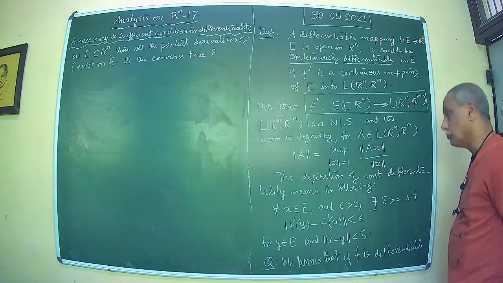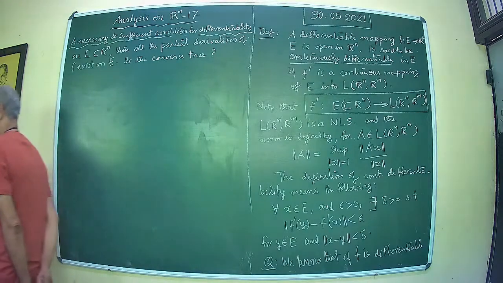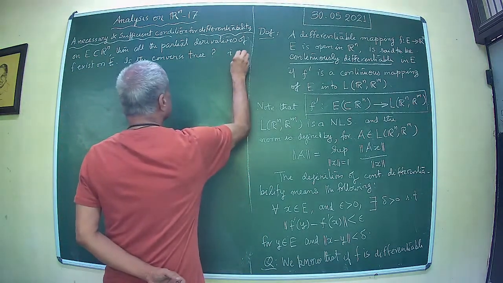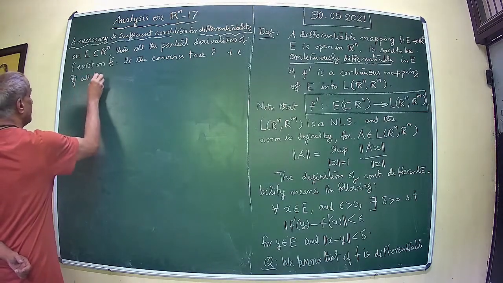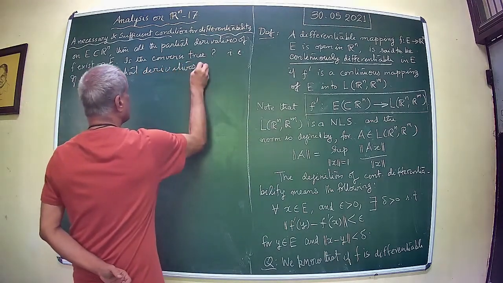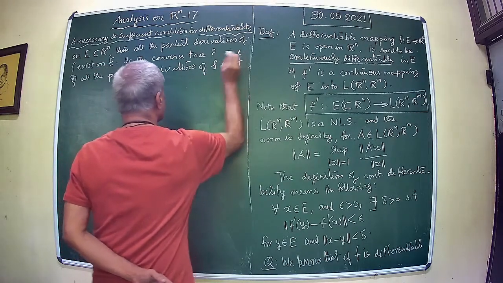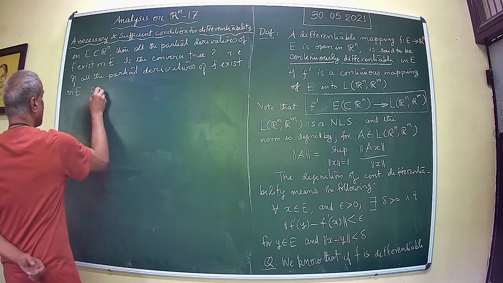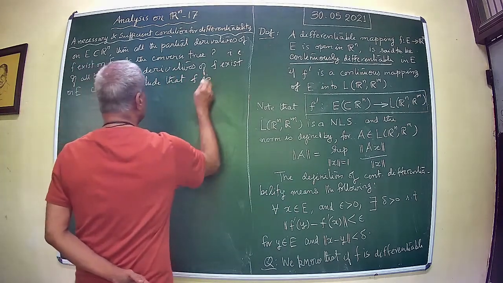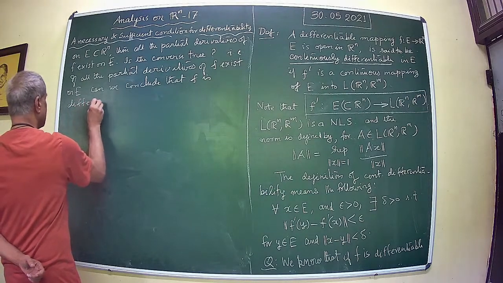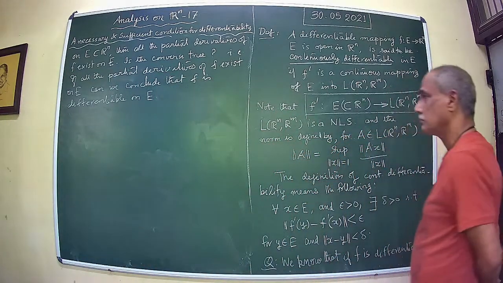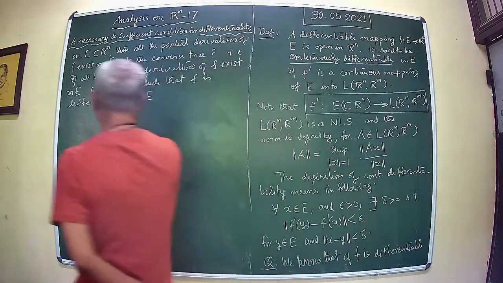That means, if you know that all the partial derivatives exist on E, can you conclude f is differentiable on E? Okay, so let us investigate an example.